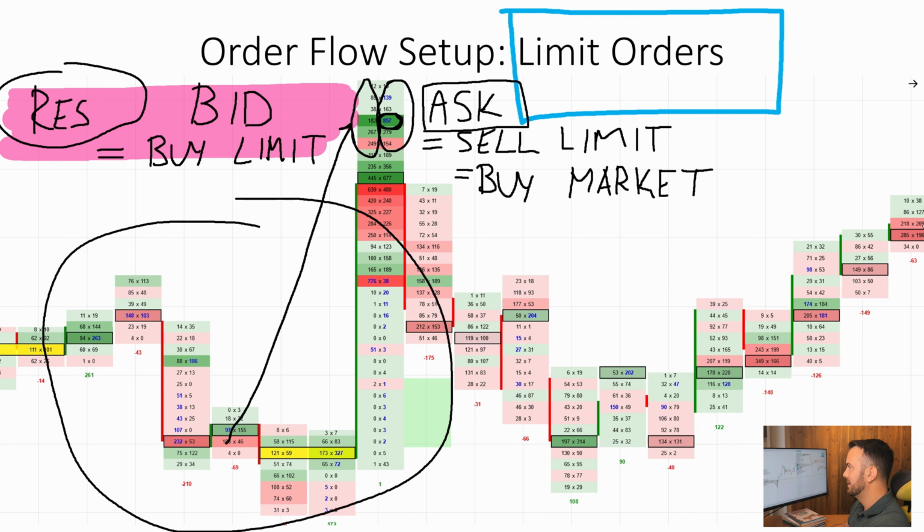So in this case, it's more likely that this heavy volume order is a sell limit. And it is a confirmation for you to jump in that trade as well. I hope that was clear.